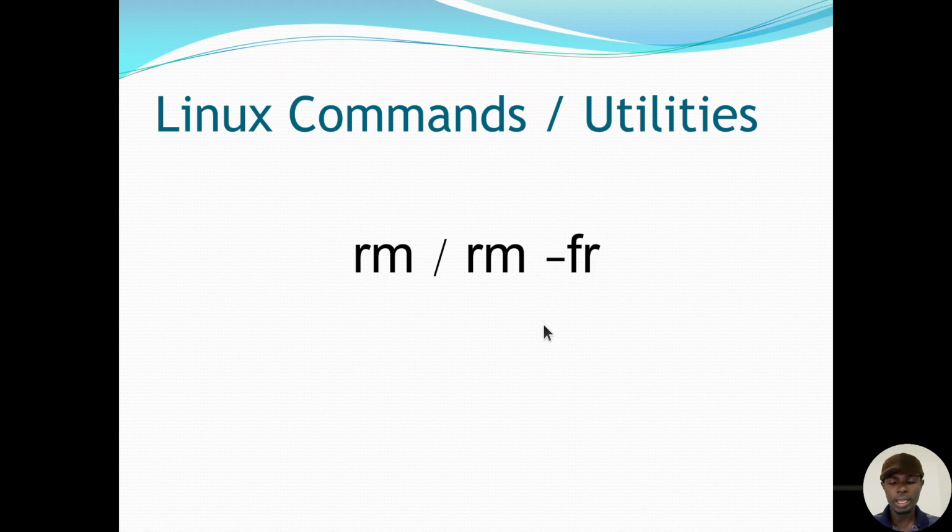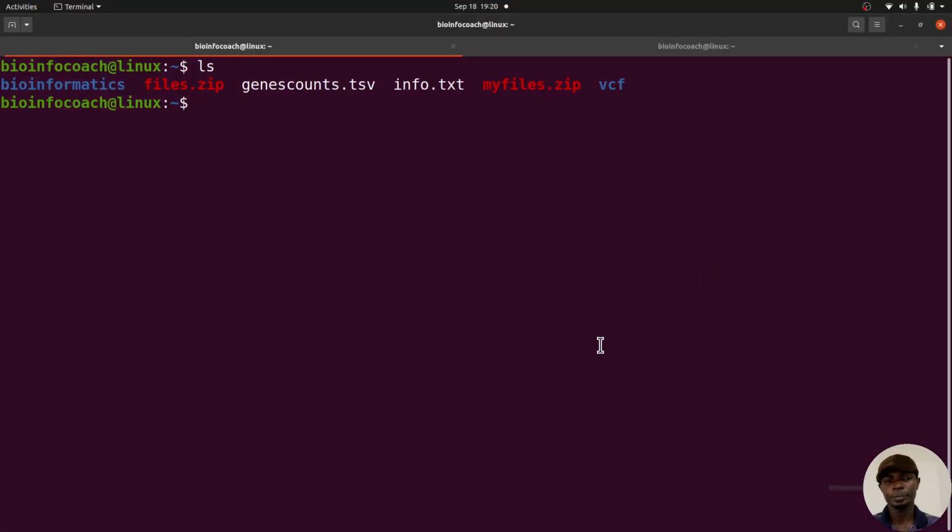I had to bring this to your attention so that you know that this approach is useful if it's just a single file. But if the files are in a directory and you want to remove those files as well as those directories, then you have to add the -fr. I can also use the r. So let's get back to the terminal and then proceed.